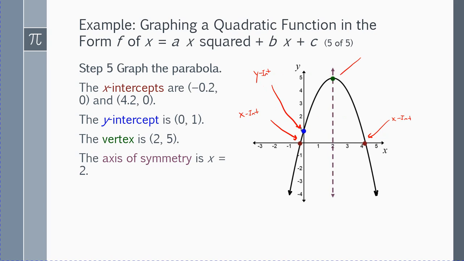And then you're going to plot the vertex. And you can see here that you can just draw a nice smooth curve through it. And you can even label the axis of symmetry. I'm going to call it AOS, axis of symmetry, right there at x is equal to 2, so at the x value of the vertex.